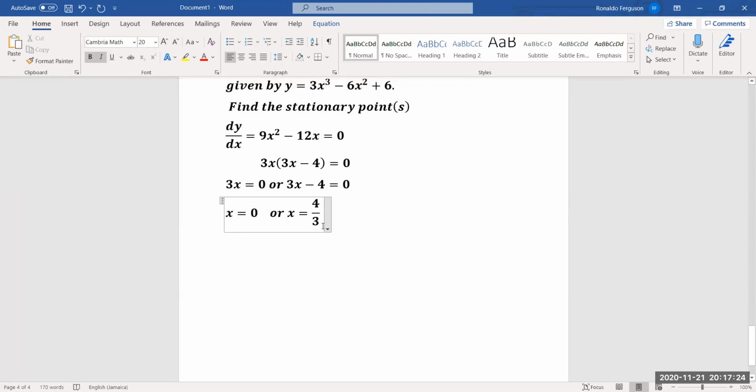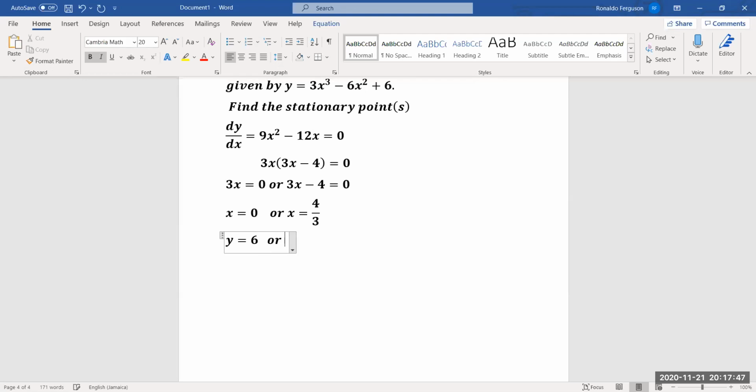Now, what are we going to do next? Because that's just an x coordinate. How are we going to find y? Plug 4 over 3 back into the original equation. So plug in 0 first, and you get y is 6.